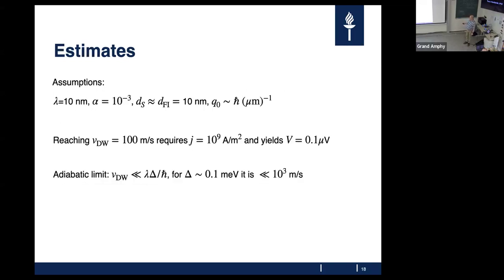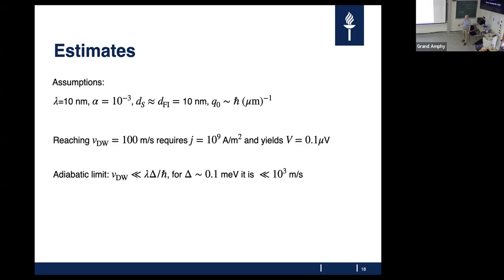We have made some estimates of the sizes of the effects, and we realized that getting 100 meters per second domain wall speeds should be realistic within realistic current densities. The voltage that you measure is rather small, but in principle measurable.